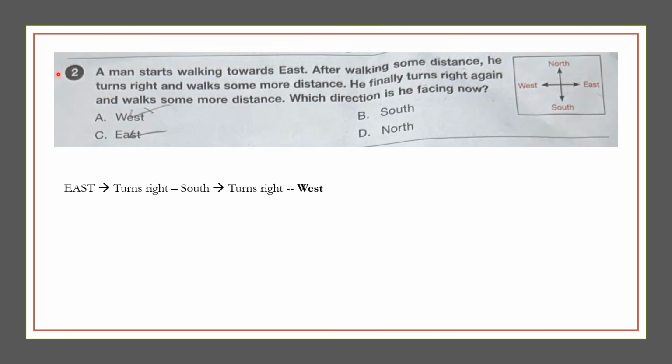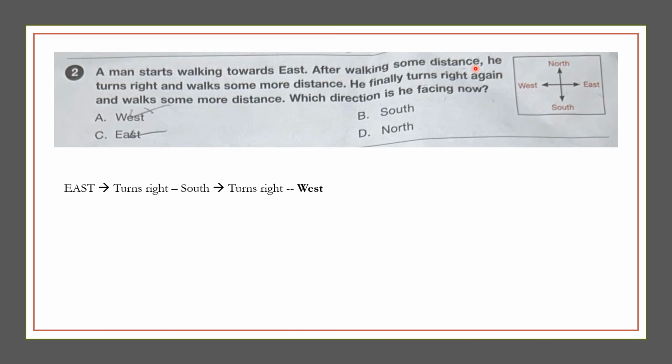Question number 2. A man starts walking towards east. After walking some distance, he turns right and then walks some more distance. He finally turns right again and walks some more distance. Which direction is he facing now? So let's start. A man starts walking towards the east direction, so he is going in this direction.